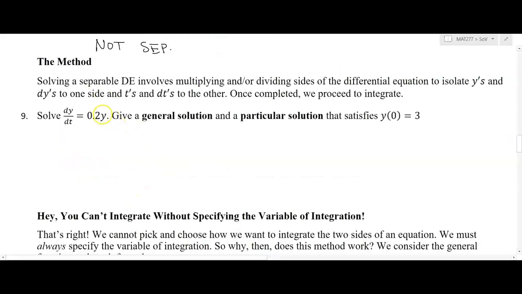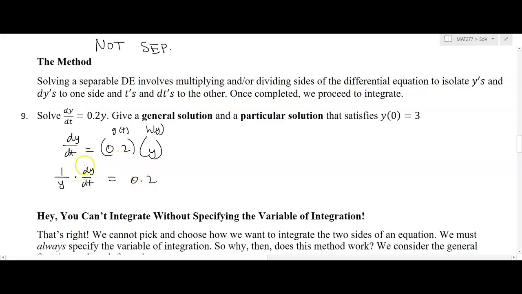If all I do is first figure out a way to factor out my equation, and we've already observed that one way you can do this is by writing 0.2 times y like this, calling this your g of t and calling this your h of y. So divide the h of y over, and that would give us 1 over y times dy dt equals 0.2.